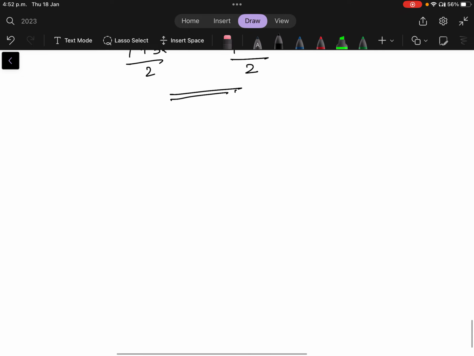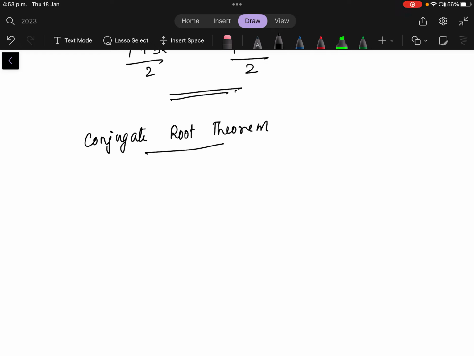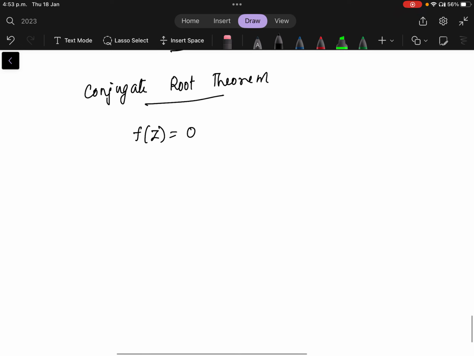Now we have to learn the conjugate root theorem. That's called the conjugate root theorem, which means that if you have an equation f of z equal to 0, the same as what we showed in the previous equation, and if z1 is a root of this equation, then the conjugate of z1 will also be a root of the equation.